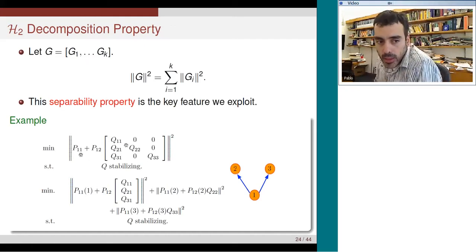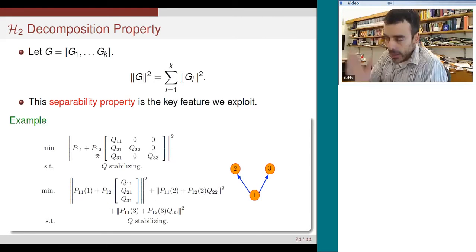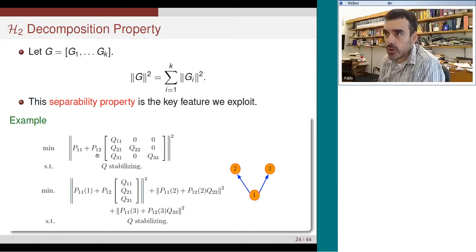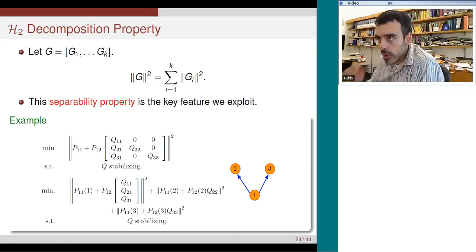Even ignore what P1 is doing; P1 is not really doing anything. But the point is that when I multiply this matrix on the left by P12, what I have is a multiplication of each one of the columns by P12, and I can compute the norm of the resulting product as a sum of the norms of each one of the columns. What's really interesting here is that the variables appearing in the different subproblems are disjoint. In here, only variables of the form Q something 1 appear.